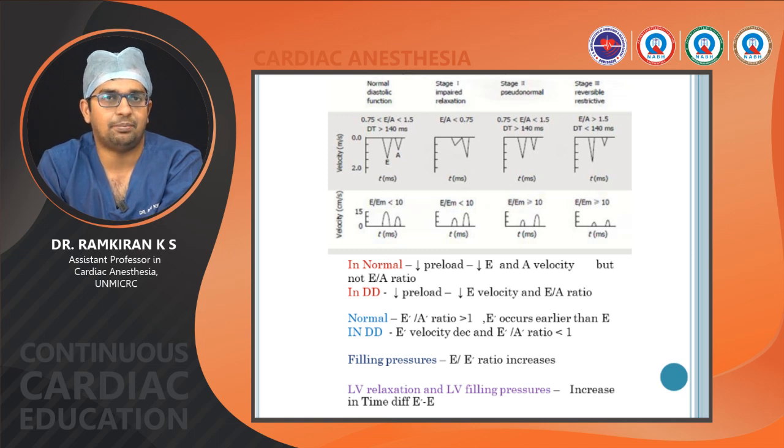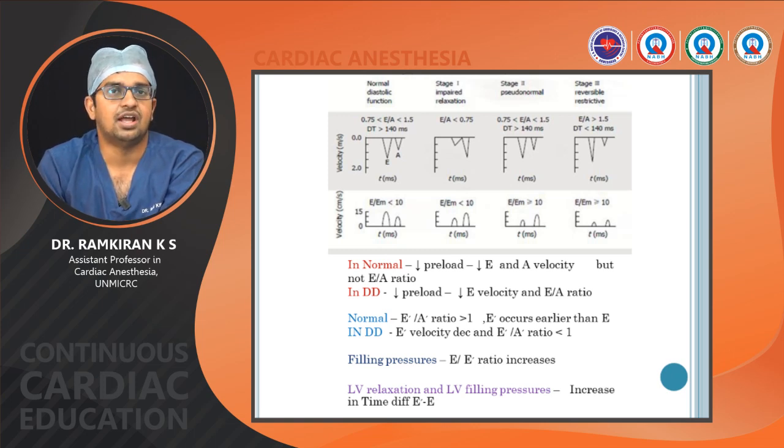So as I told, filling pressures can be assessed by E by E prime ratio, which is gradually increased along the stages of the diastolic dysfunction. And apart from that, time difference between E prime and E can be used as a parameter to assess LV relaxation and LV filling pressure.